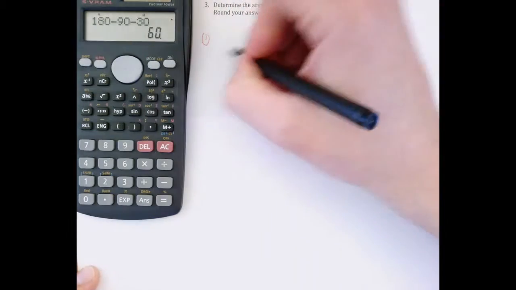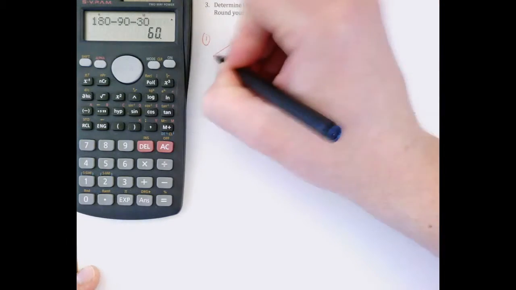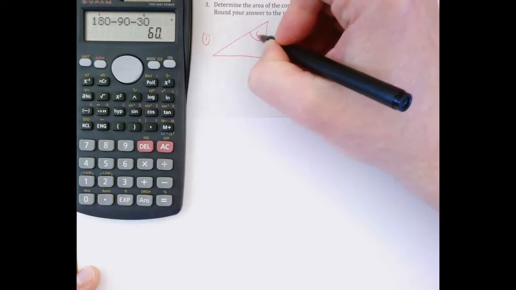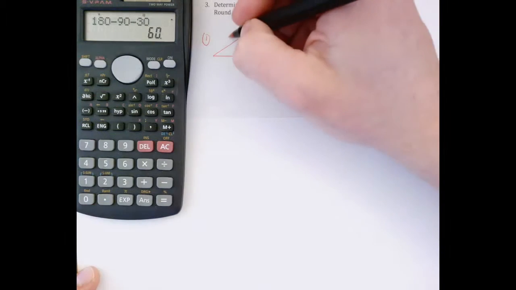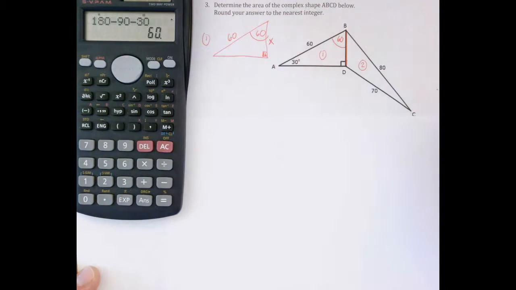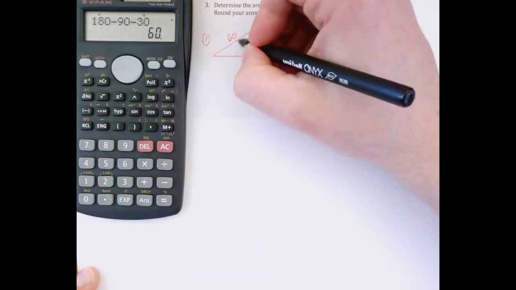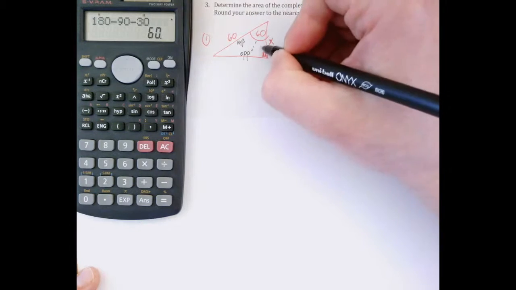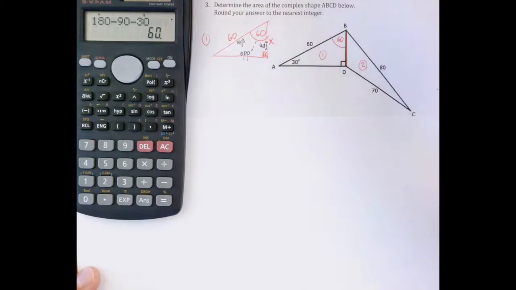Starting over in triangle 1 here, I'll redraw it to make my life a little bit easier. I've got this 60-degree angle, and I'm actually going to work with this one. I've got a side length of 60 here as well, and what I'd like is this side over here. So when I label my right triangle for SOHCAHTOA, my hypotenuse is always across from the 90, my opposite side is across from the angle that I'm going to work with, and the third side is adjacent.